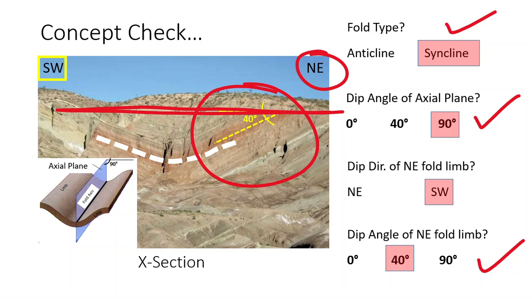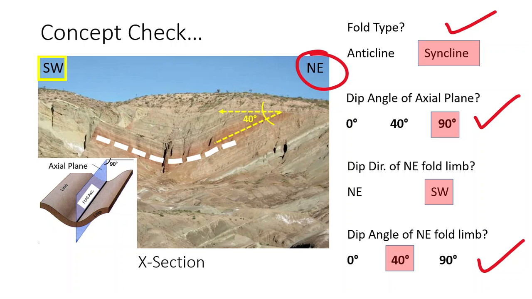So clearly, the northeastern limb of the fold, it's not flat, so it's not dipping at 0 degrees, but nor is it vertical. It's not dipping at 90 degrees. In fact, it's dipping at a dip angle of 40 degrees.